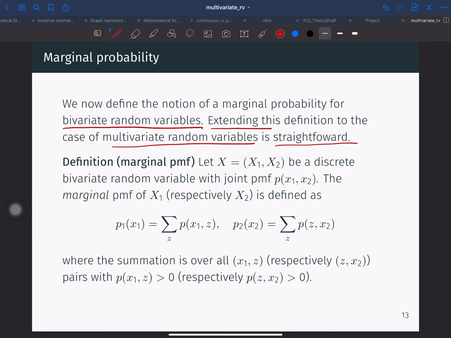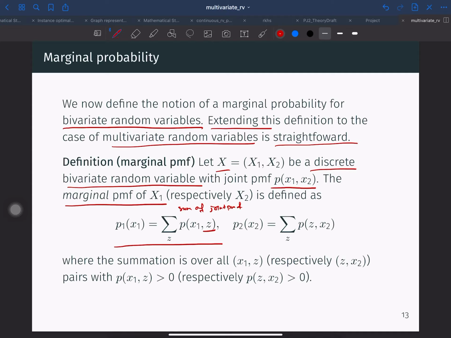In any case, if we have a discrete bivariate random variable x with a joint PMF p(x1, x2), then we can define the marginal PMF of x1 to be simply the sum of the joint PMF with respect to the second argument.